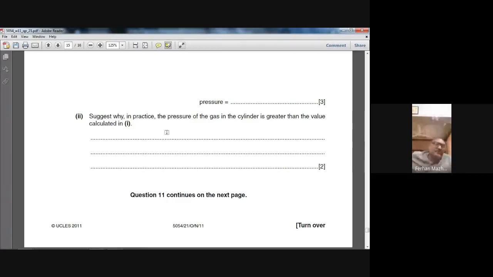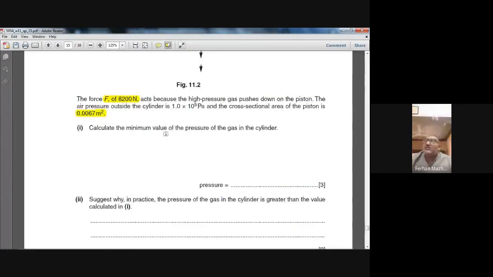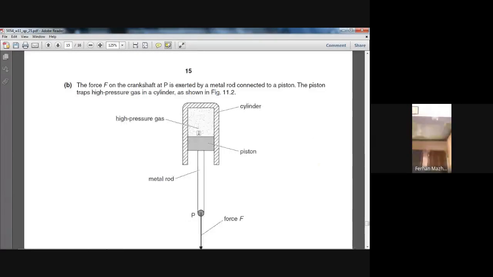In reality, there will be friction between the cylinder and the piston. You see, this piston is moving in this cylinder.